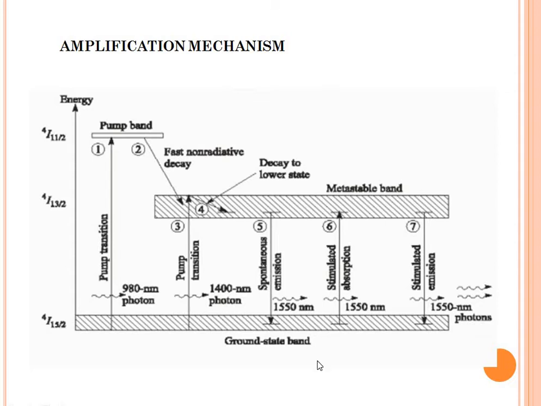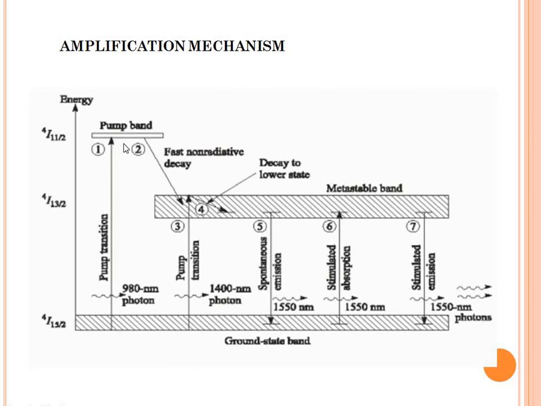This means that the possible pump wavelengths are 980 and 1480 nanometer. The photons emitted during the transition of electrons between possible energy levels in the metastable and the ground state bands can range from 1530 to 1600 nanometer. Now coming to the amplification mechanism.